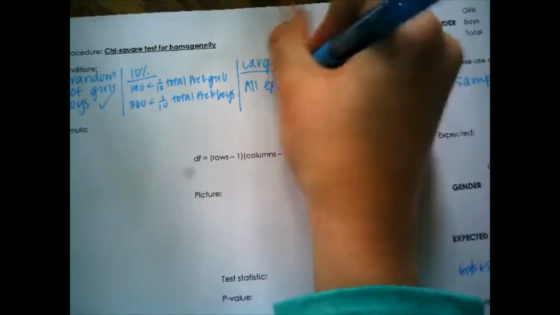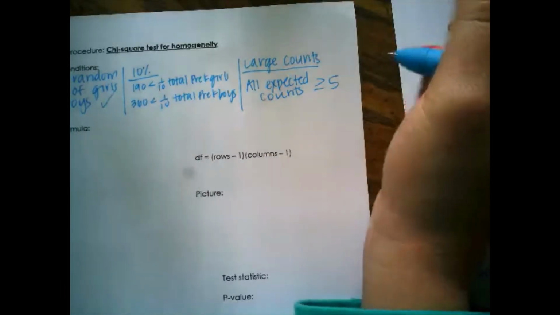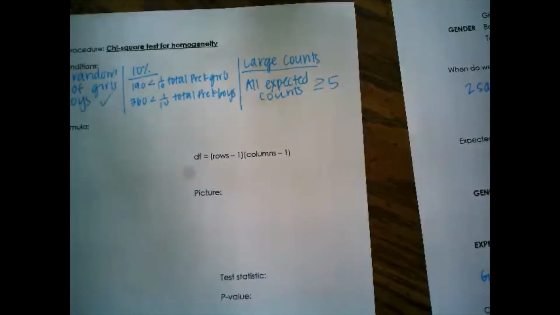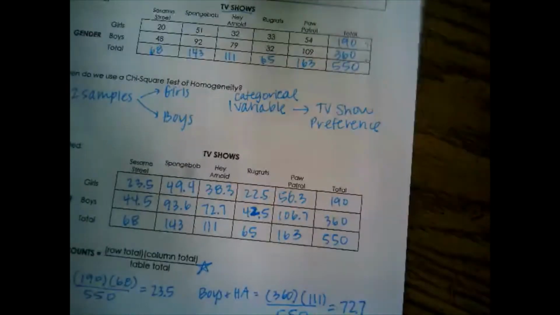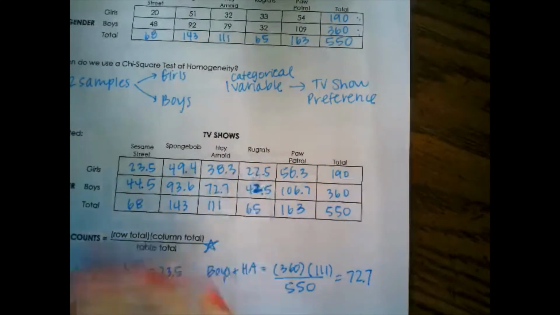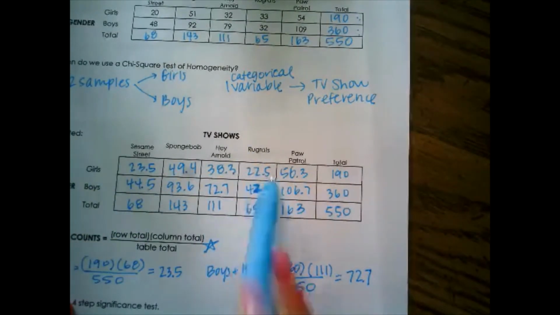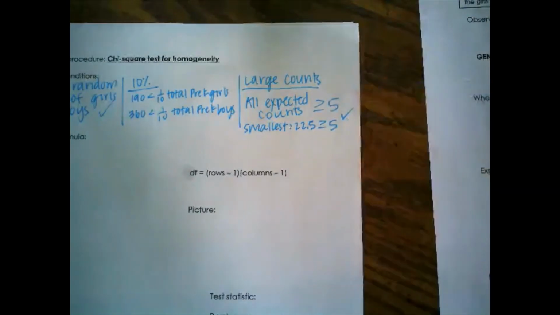So all expected counts are greater than or equal to 5. And then you just have to show me the smallest one, which in this case looks like girls who like Rugrats, at 22.5. So the smallest is 22.5, which is also greater than or equal to 5.